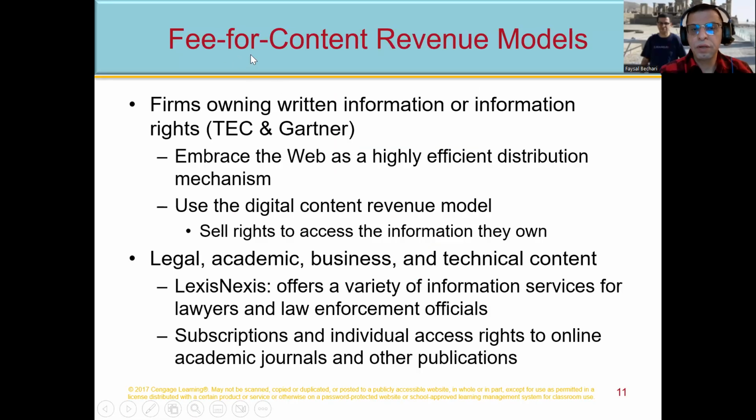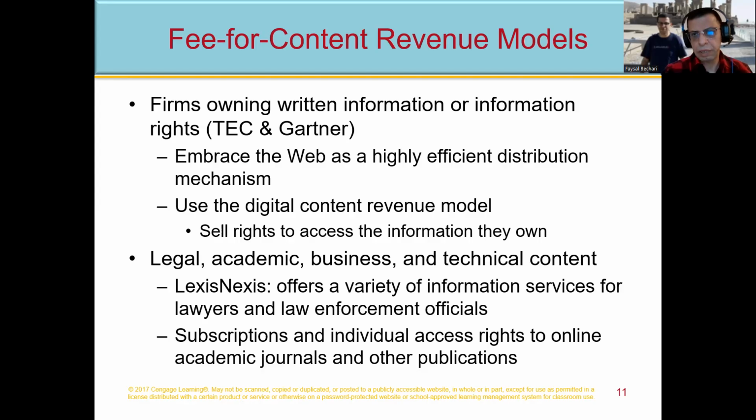Now, the fee-for-content revenue models: there is a fee for the content that you're publishing. A good example is Gartner, and a Canadian example is Tech. Firms owning written information or information rights embrace the web as a highly efficient distribution mechanism.